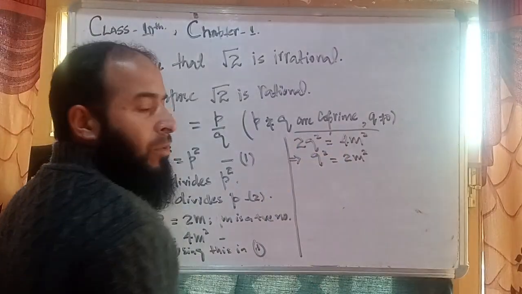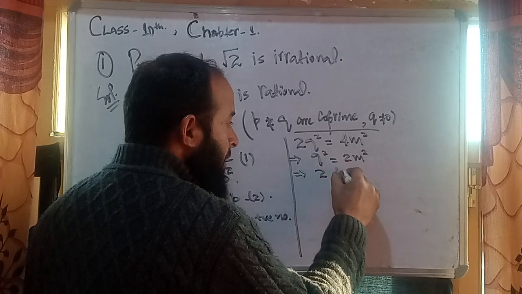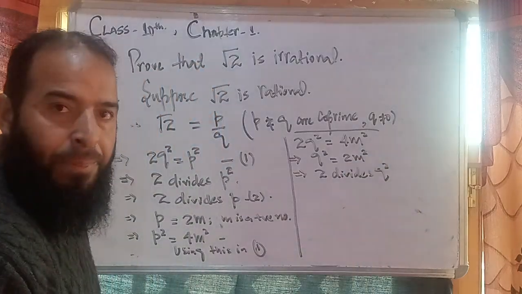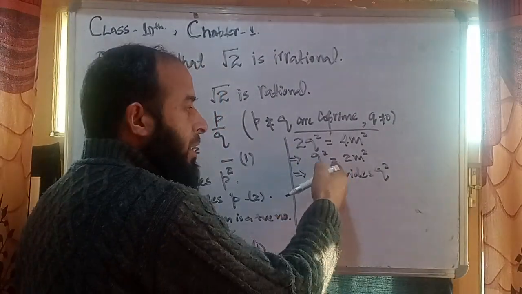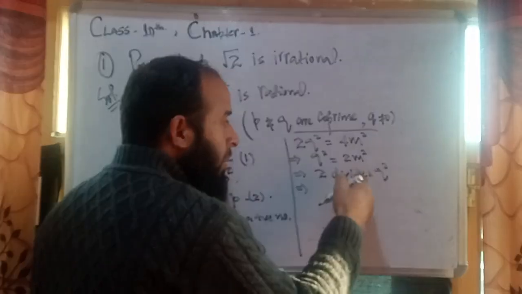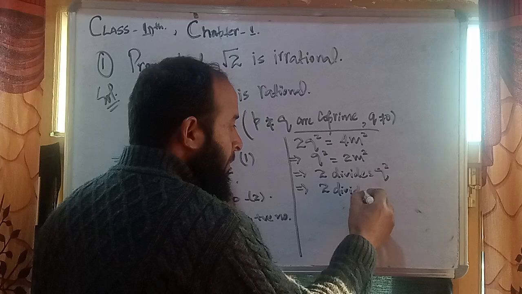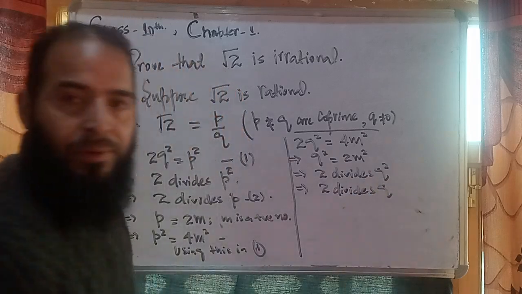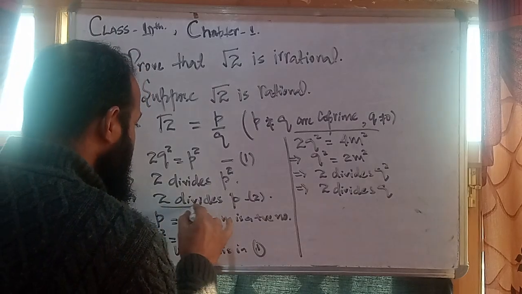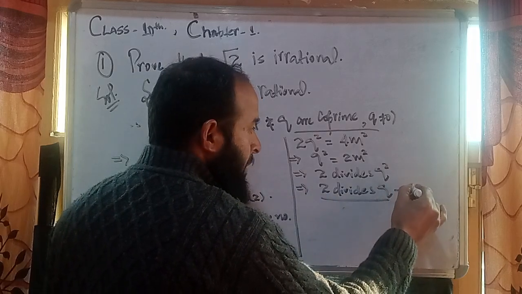This 2 and 2 will go, and this implies 2 divides q square. That is, 2 is a factor of q square, because q square is equal to 2 into m square, which implies 2 divides q. Now see here, 2 divides p and 2 divides q.